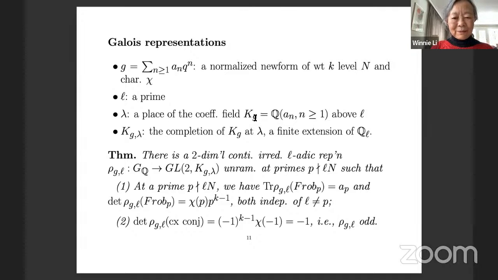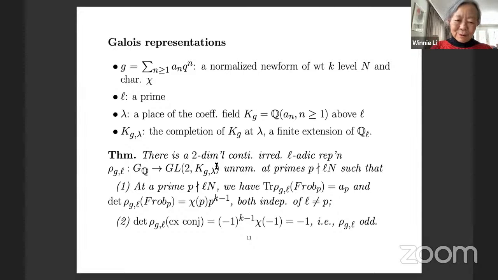We complete the field of coefficients at the place lambda, so it is a finite extension of Q_L. The theorem is that to this normalized newform g there is a two-dimensional continuous irreducible L-adic representation from the Galois group of Q to GL2 with coefficients in the local field K_g,lambda, and this representation is unramified outside L times N.